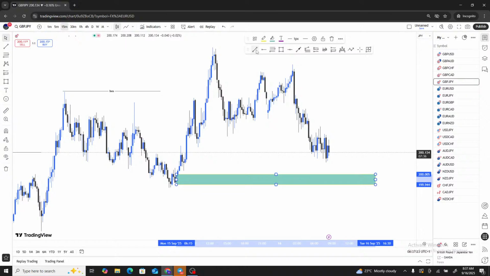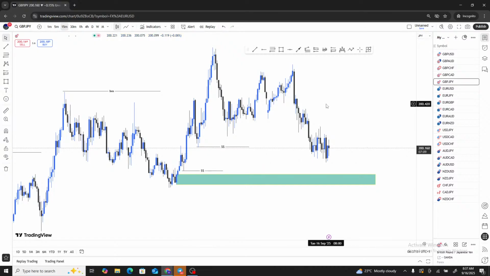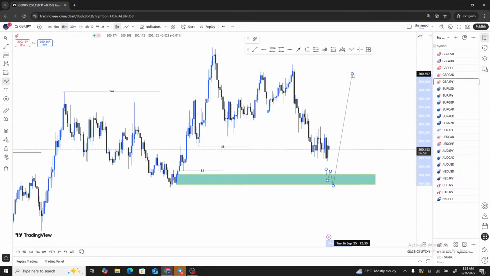And you can see here there is liquidity below. This first liquidity has been taken. There is another liquidity, a very little liquidity just here, another liquidity in here. So I look forward for price to come inside this zone, this order block, and push to the upside.